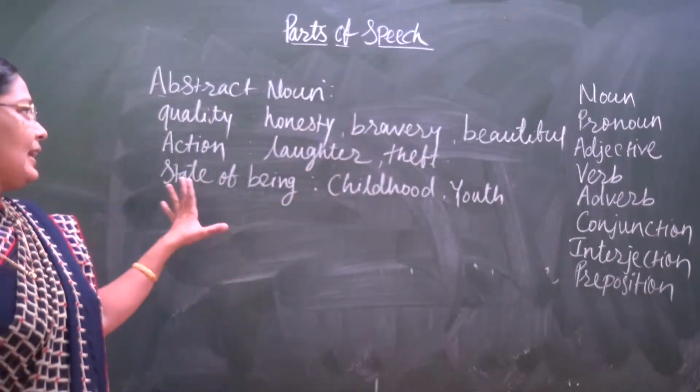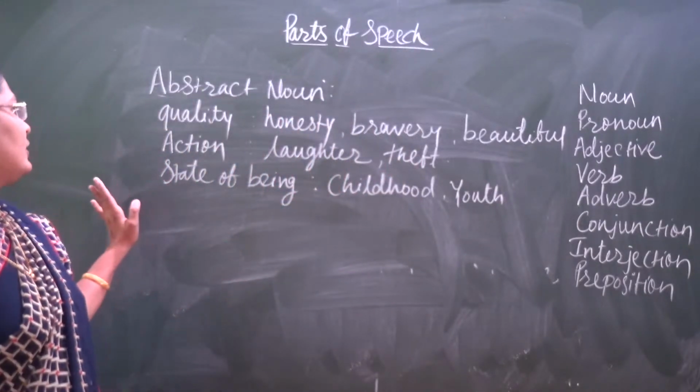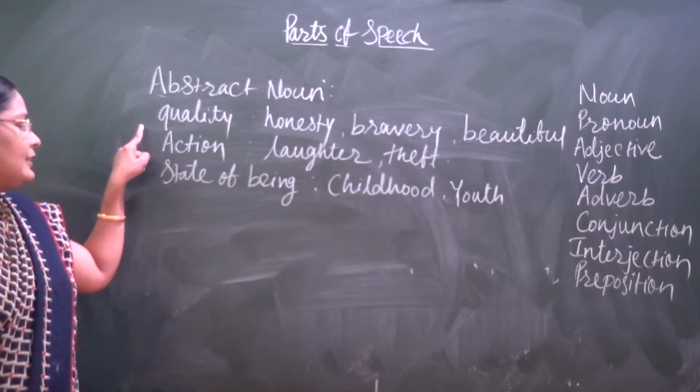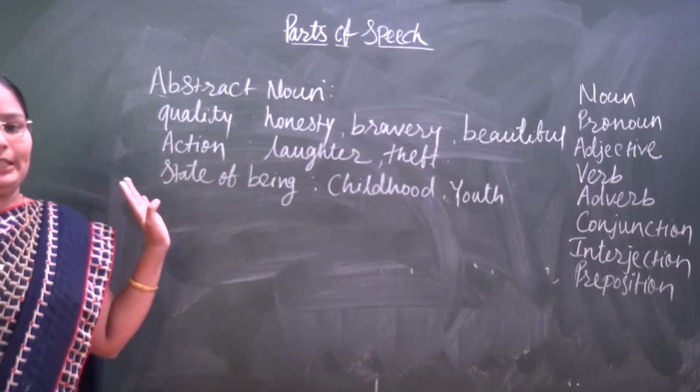So these are the abstract nouns. Abstract nouns are the names of qualities, actions and states of being.